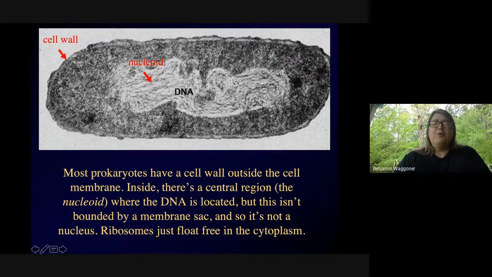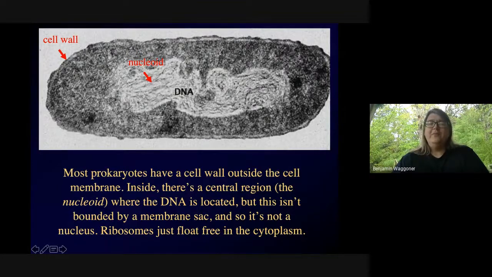Inside, it's all pretty much just a grainy mass. In the center, there's this kind of lighter gray-looking, stringy kind of plate of spaghetti noodles region. That's the DNA. And that central area where a prokaryote keeps its DNA is called the nucleoid.